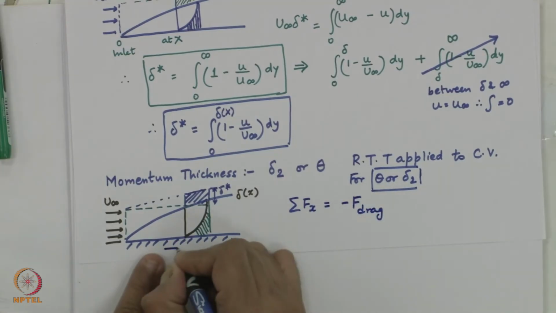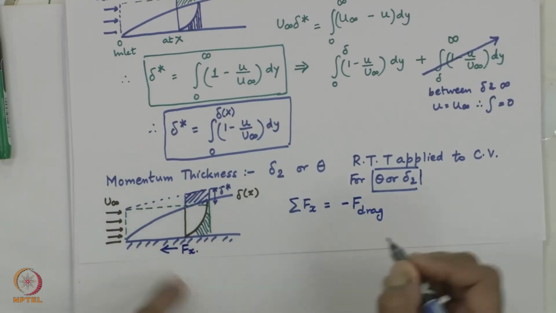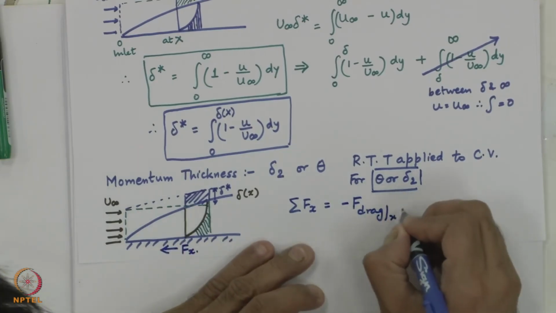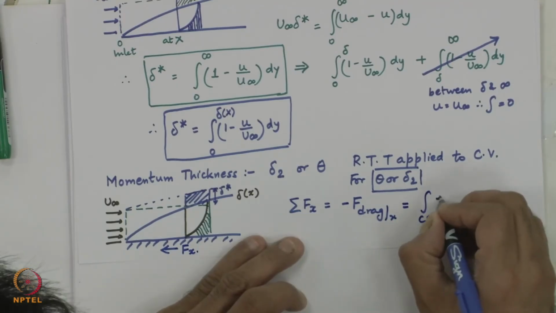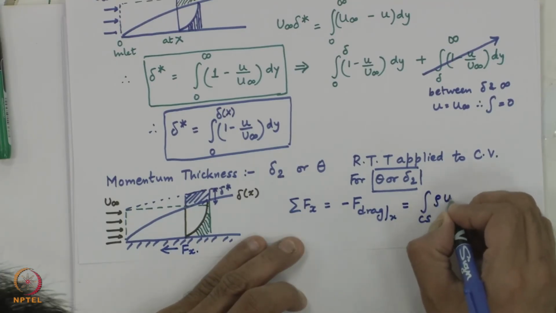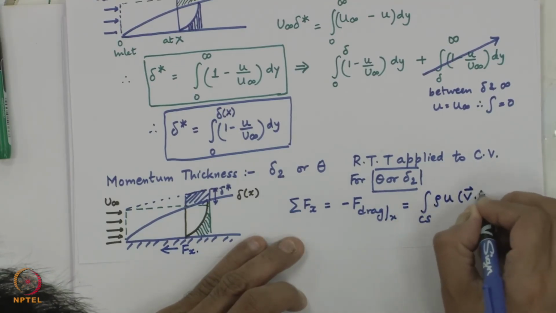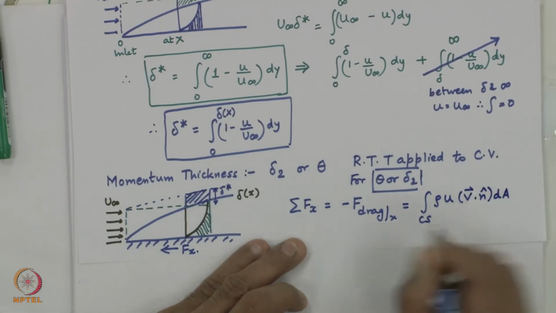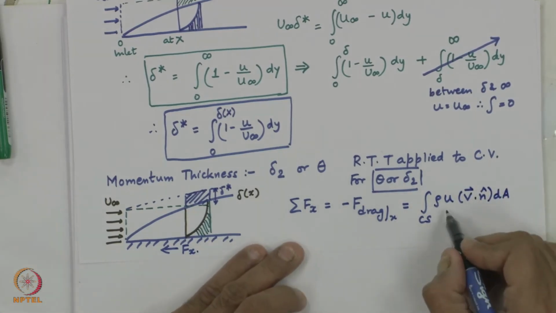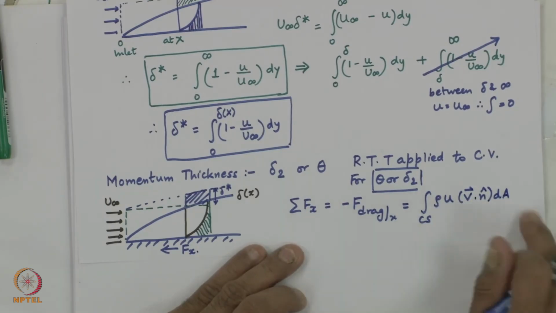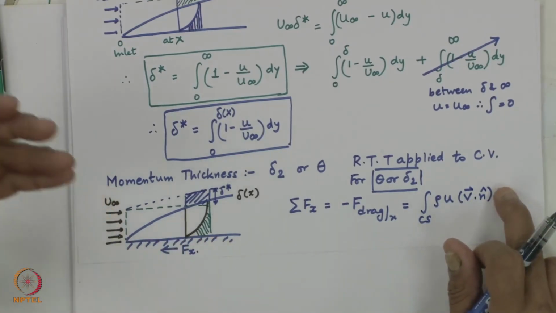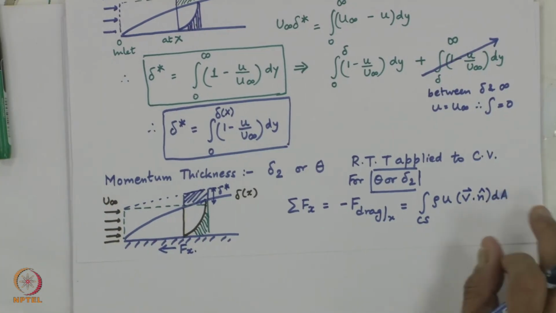If I take this as the drag in the x direction, F drag in the x direction is equal to integral over the control surface rho u V dot n cap dA. This is x direction. So, this is u, this was the mass flow rate, and this is the rate of change of momentum. We are assuming steady state, we are assuming incompressible, and all the assumptions that go with the analysis of a boundary layer.